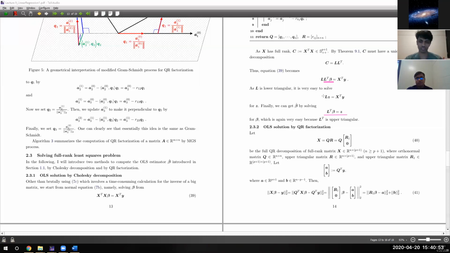The first one is lower triangular, and the second one is upper triangular. Get the point? That's the reason why. And this is much, much faster than brutally computing the inverse of X^T X. Any questions here? I think this is very clear and simple.